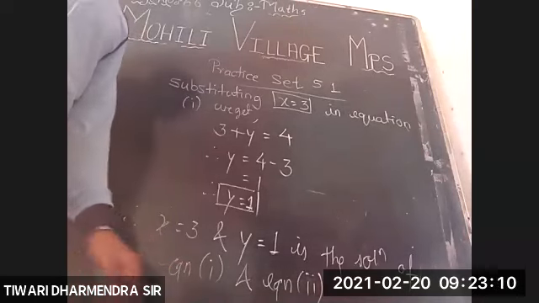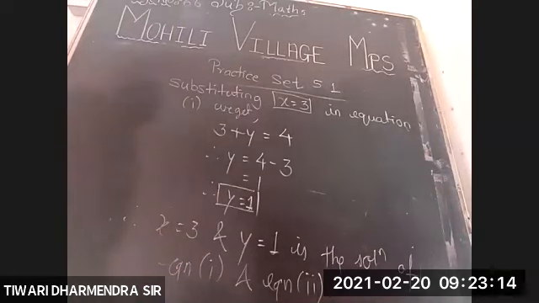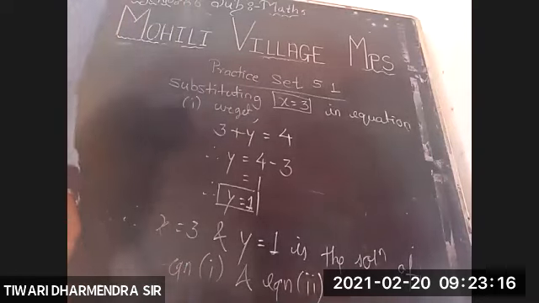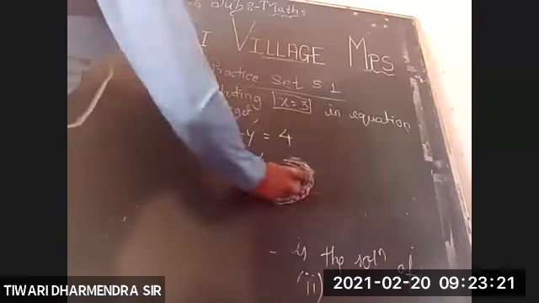EQN is a short form for equation. Shorthand notation. Okay. We'll do another example.